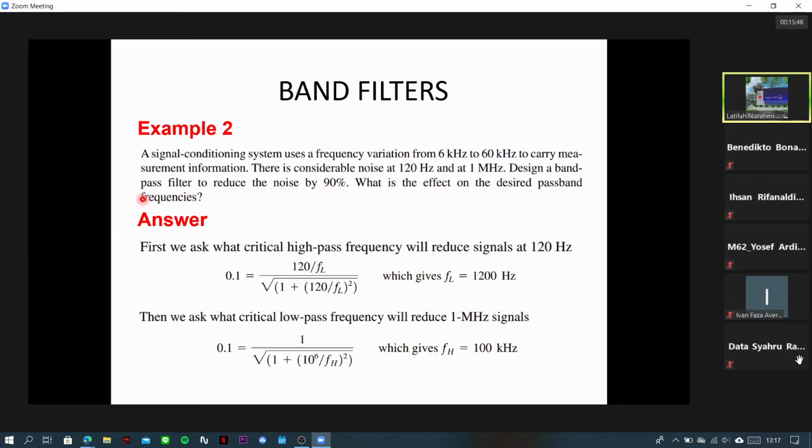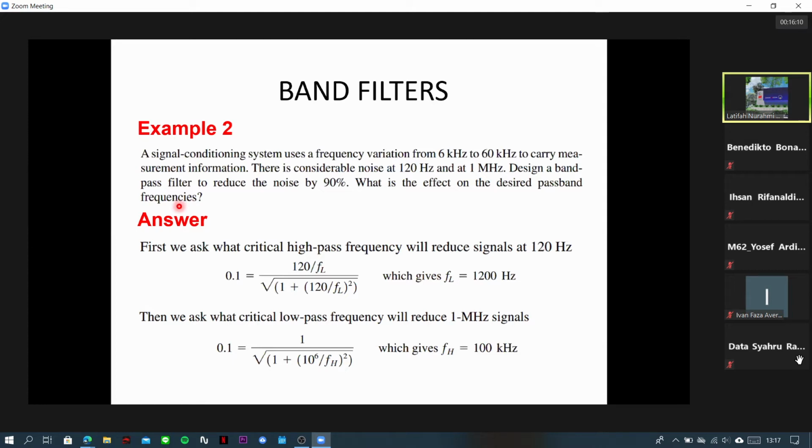Design a band pass filter to reduce the noise by 90%. So it means we have a reduction to about 10%. What is the effect on the desired passband frequencies?